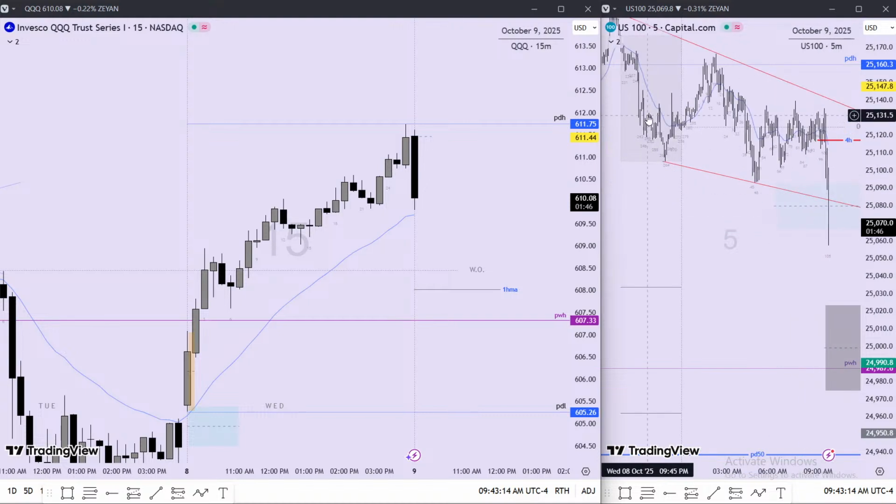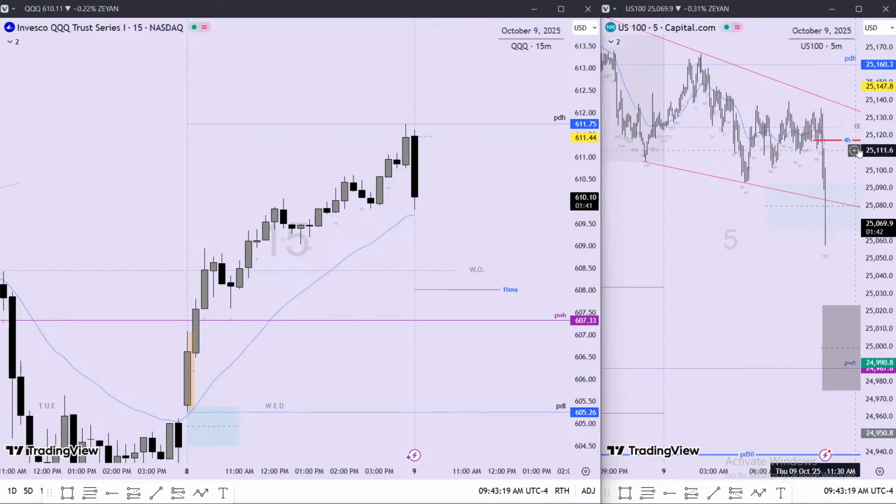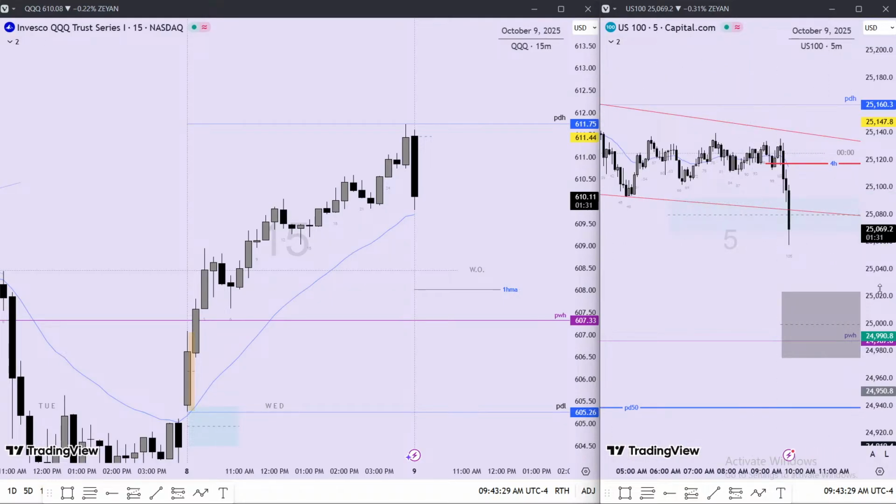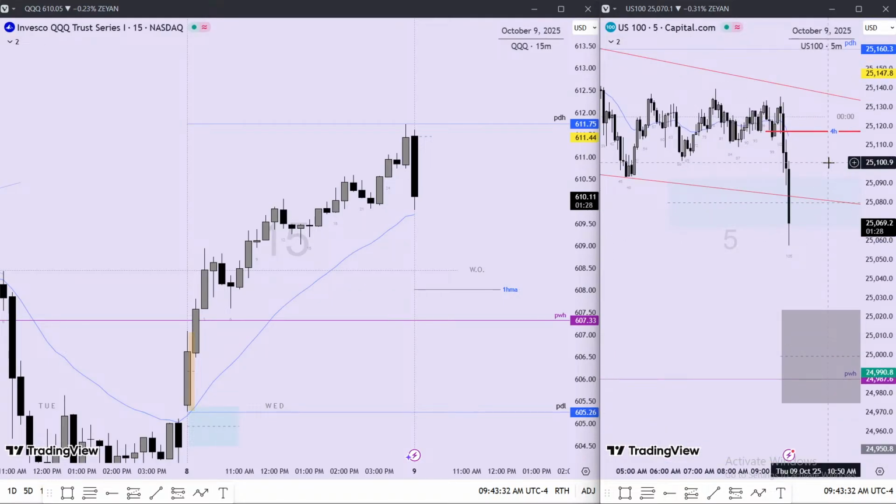I am selling right at the third leg, which is not ideal. Never trade the third leg. This was the first leg, might have been this. This was the second leg, and I might take a short while it's making a third leg, which is not ideal. But since I am taking a scalp, I just have to.